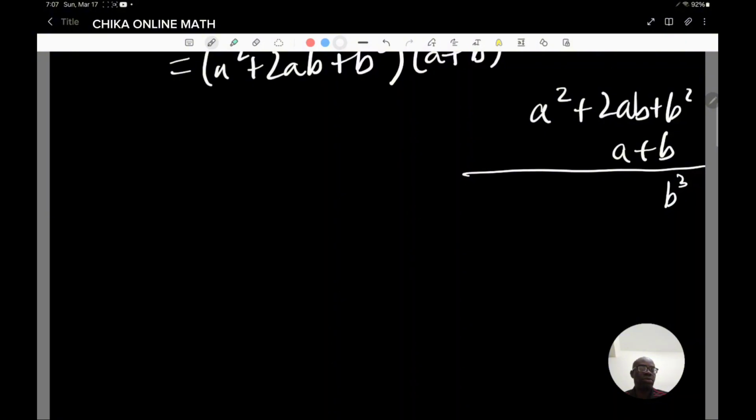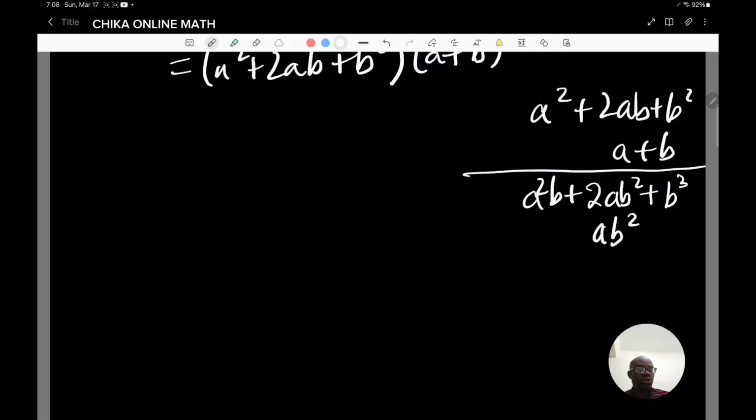We have b cubed here, plus this one, b times 2ab will give us what? 2ab squared. Then b times a squared will give us what? a squared b. Next you use a to multiply. a times b squared, we have what? ab squared. Now a times 2ab, we have what? 2a squared b. And a times a squared will give us what? a cubed.